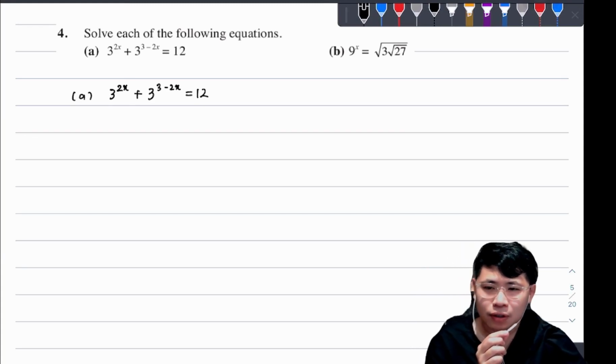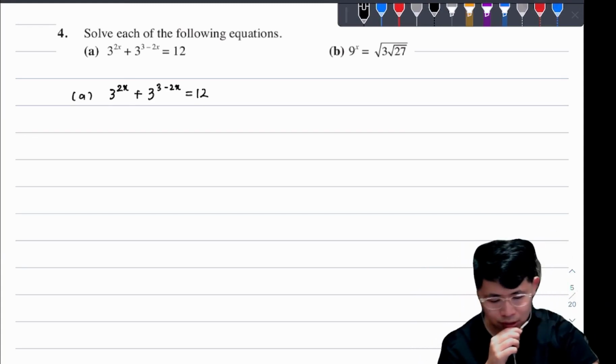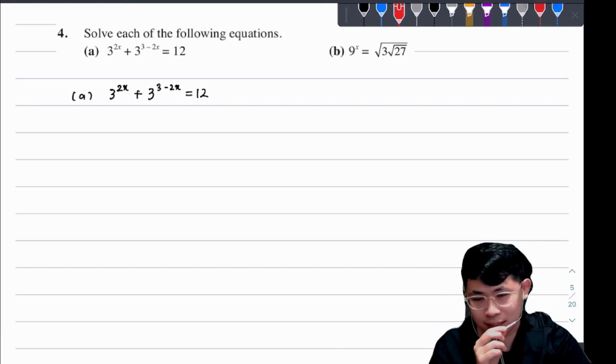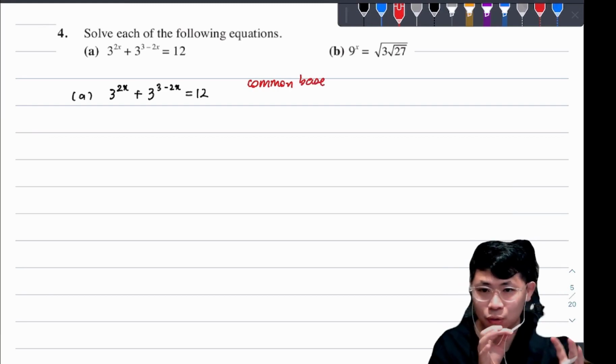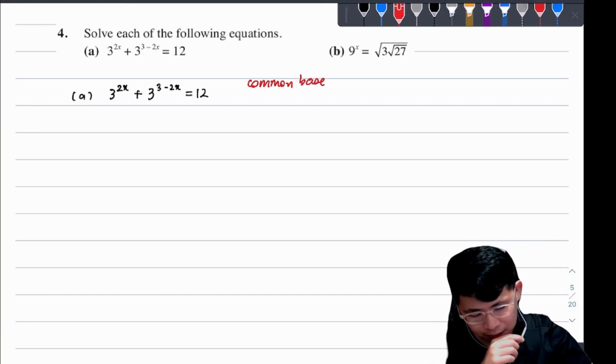But otherwise, you're going to think, okay, so what are the strategies available for indices? Usually the common strategy would be to use common base, then we can work the law of indices. We can use common index, and then we can combine the base together.